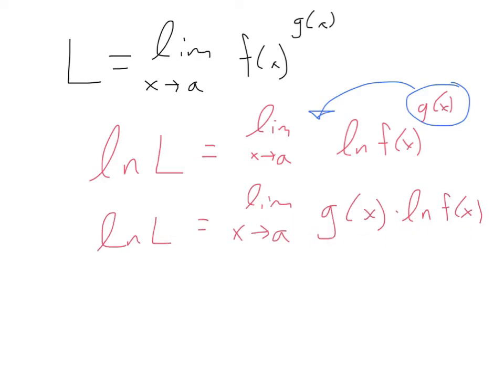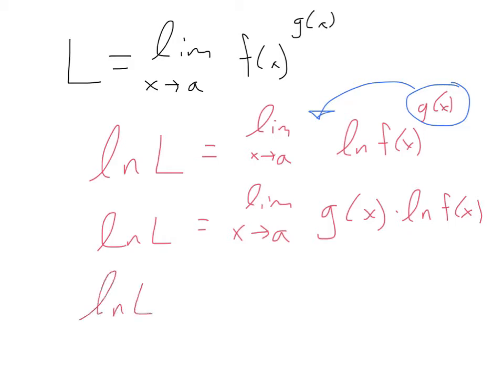And this is really neat: if this was infinity to the 0 power, now it's 0 times infinity. If this was 1 to the infinity, now it's infinity times 0, because the natural log of 1 is 0. If it's 0 to the 0 power, now it's 0 times infinity. We've taken one of these exponential forms and turned it into a multiplication one, right?